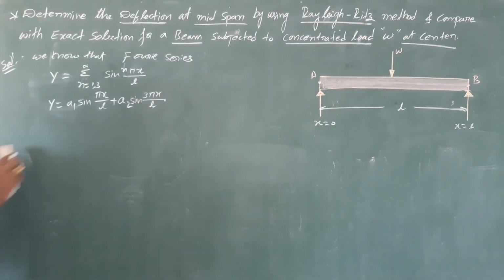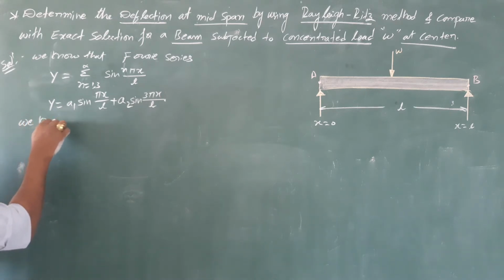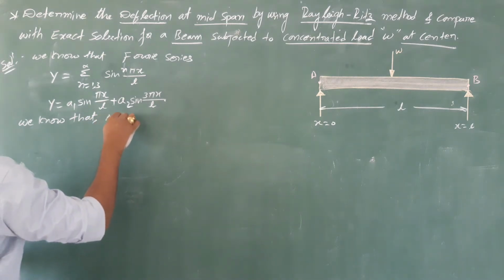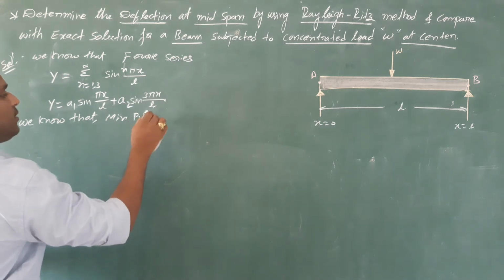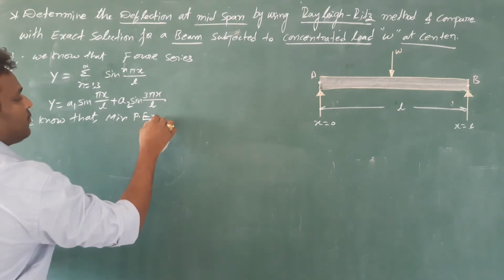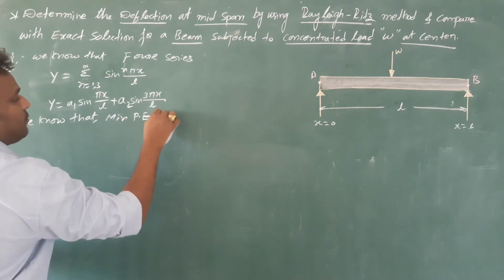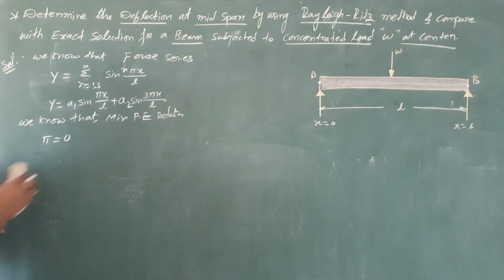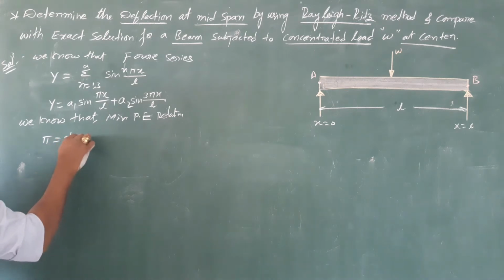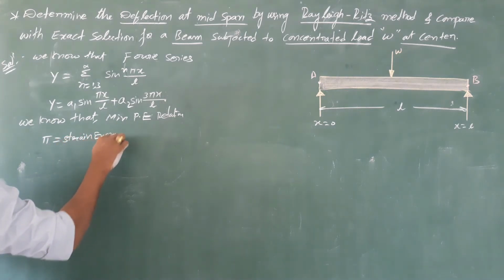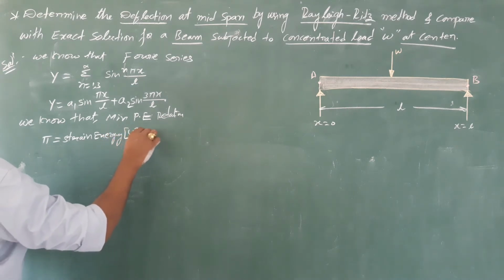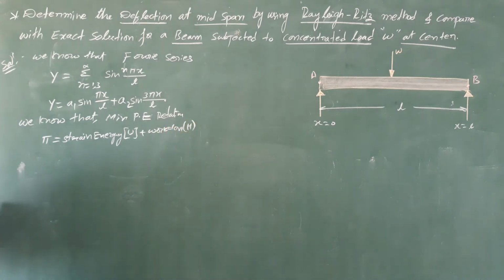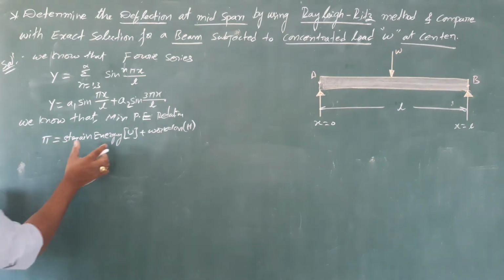We know the minimum potential energy relation, that is Pi is equal to strain energy U plus work done H. Now find out individually.